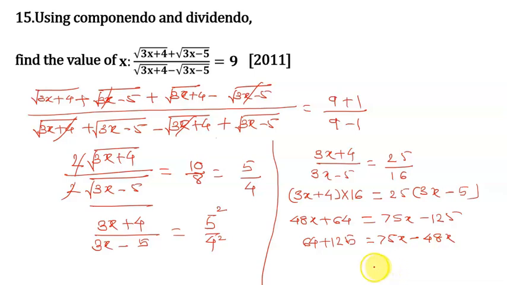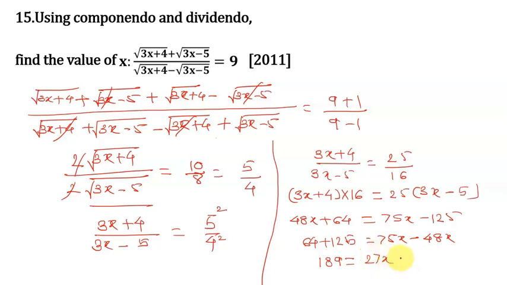Okay, here the addition of this is 9, 5 plus 4 is 9, then 8 and 1, and that equals 75x minus 48x.